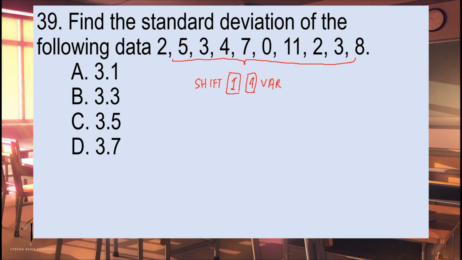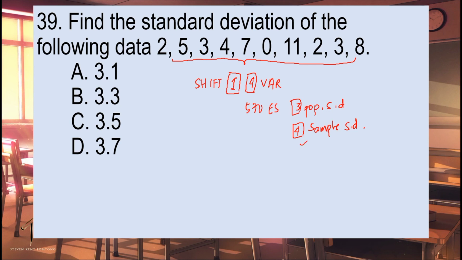If you're using 570 ES, there is number 3 and number 4, x sigma n minus 1. Number 3 is the population standard deviation. And number 4 is for sample standard deviation. Okay? In our case, it is a sample since only 10 values are given. So, let's take number 4.